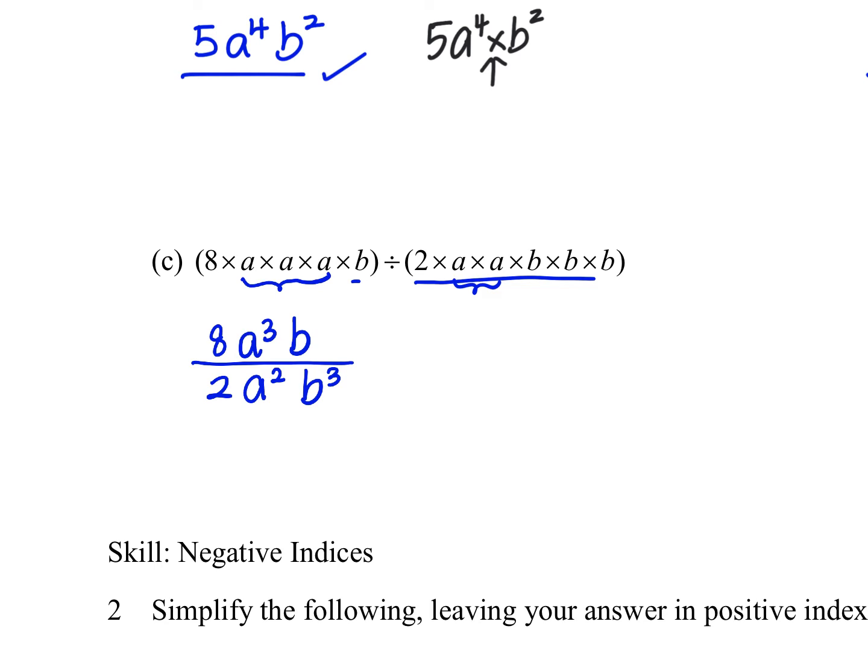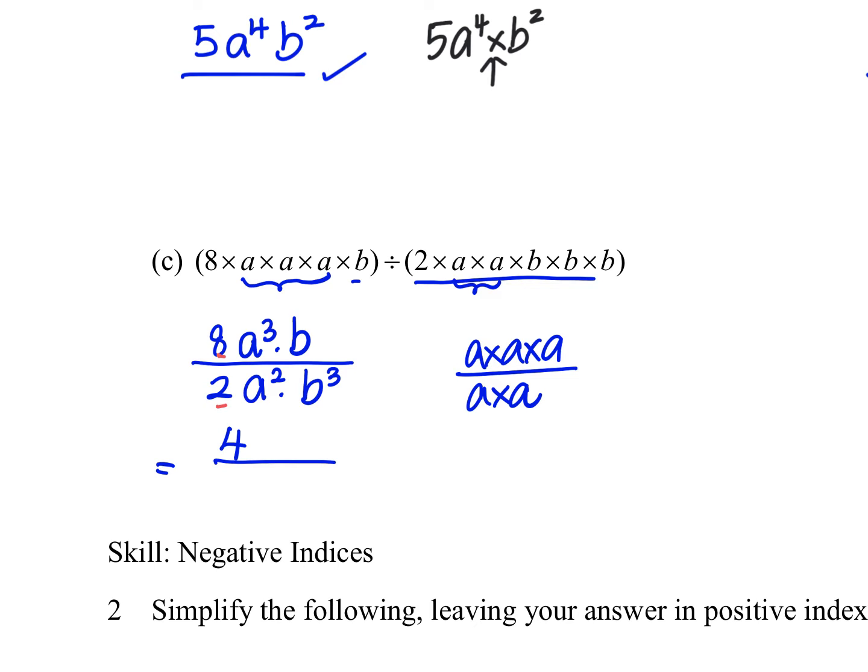Now let's deal with the numbers one at a time. This is not the final answer yet. The first one, 8 divided by 2, what do we get? 8 divided by 2 is the number 4. Next one, a cubed and a squared. What can we do?